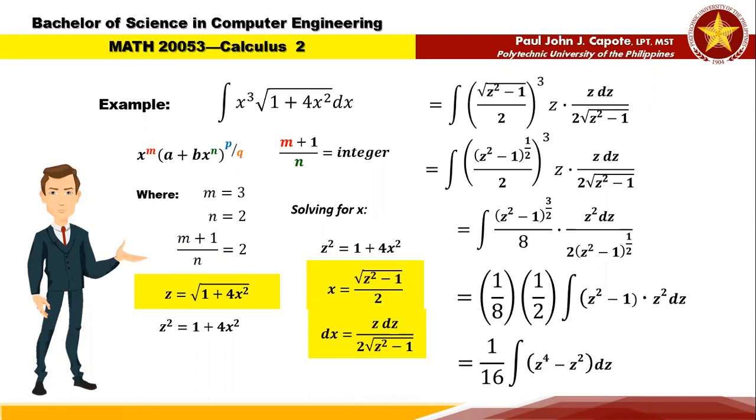Simplifying further, we get 1/16 times the integral of z raised to the power of 4 minus z squared dz.